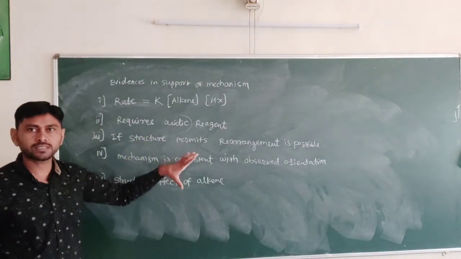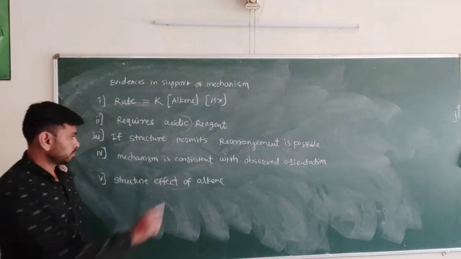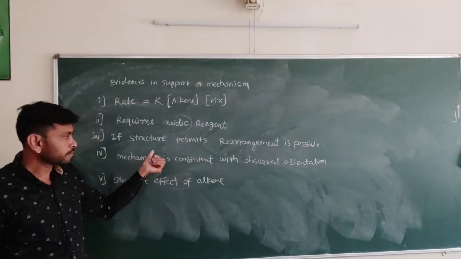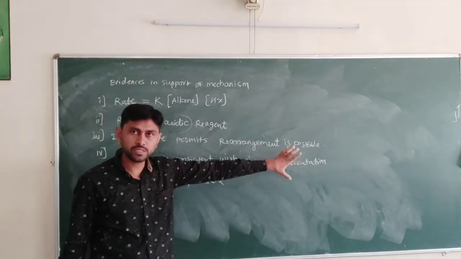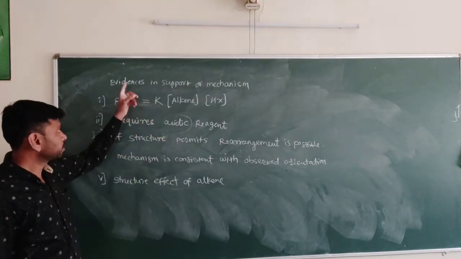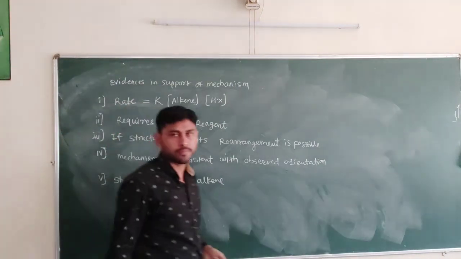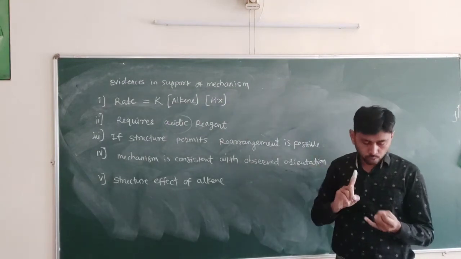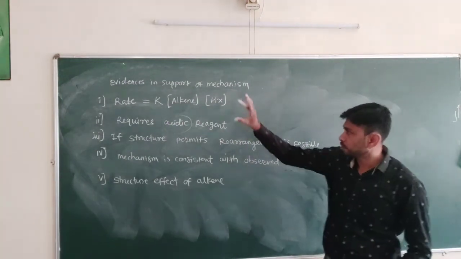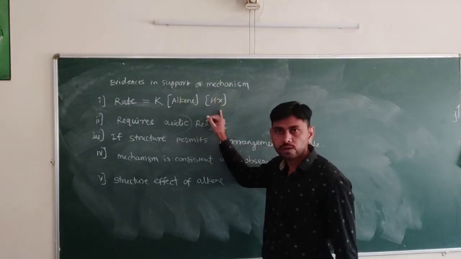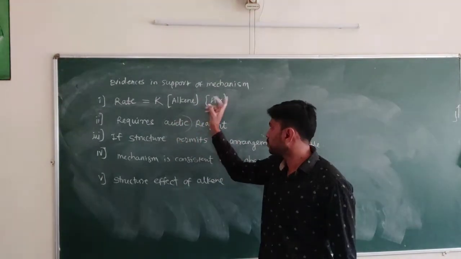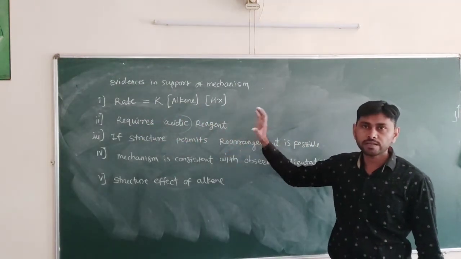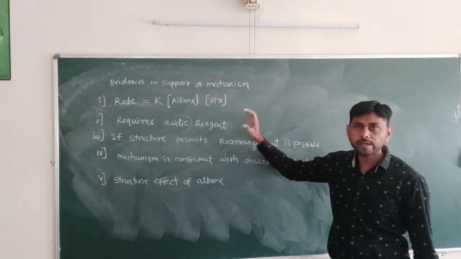But the mechanism is consistent with that. We have to see that orientation in some next examples. So these are evidences in support of the mechanism. What are the evidences? Rate of reaction is dependent on both the concentration of alkene as well as concentration of reagent. It requires acidic reagent; an electrophilic reagent is required for electrophilic addition reaction.